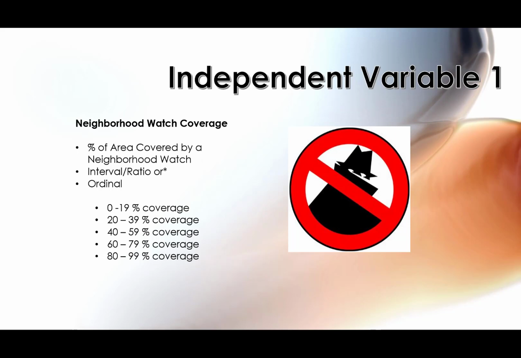It may be that it needs to be collected through a survey of some type. So it may be an interval ratio variable, or we could go to ordinal categories where we have like 0 to 20% coverage ranges, which is what I'm showing here.